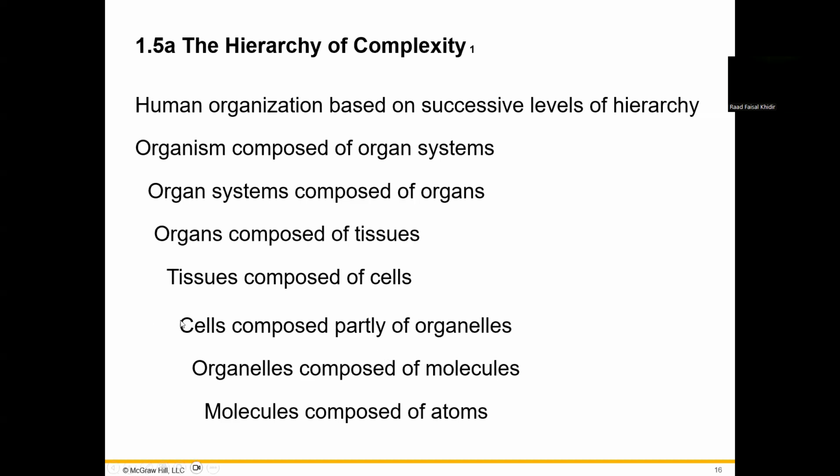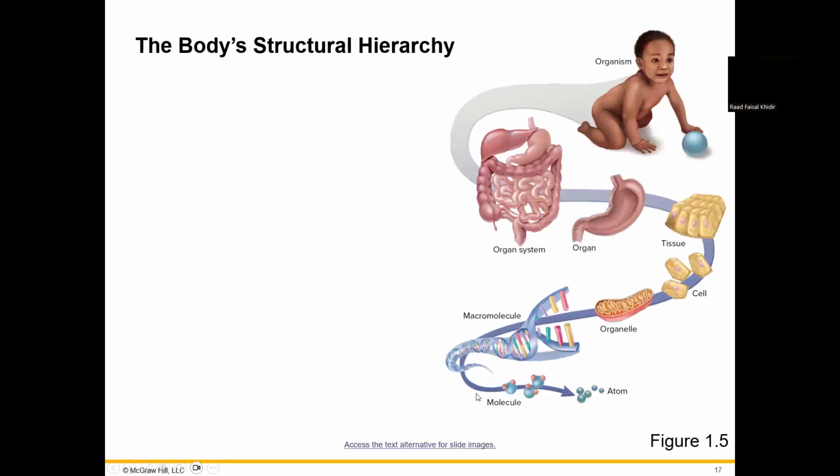But remember, cells are composed of organelles. Organelles are composed of molecules. Molecules are composed of atoms. Look at that. You see there, we have atoms, many atoms give you a molecule like carbon with hydrogen, hydrocarbon.